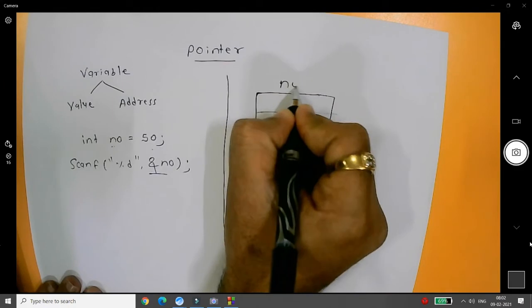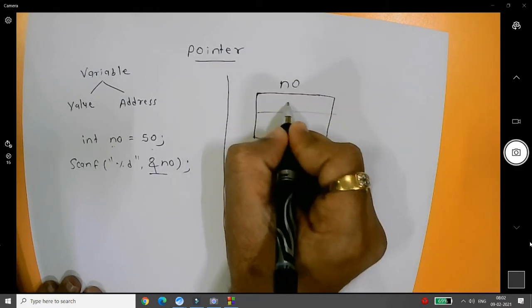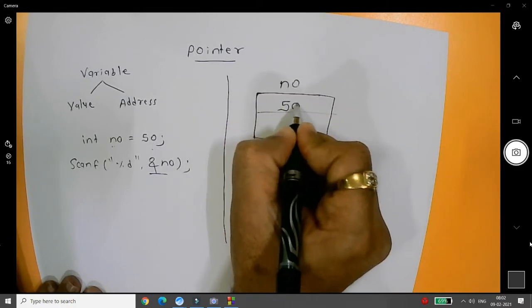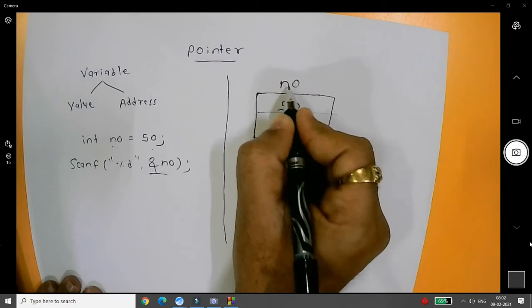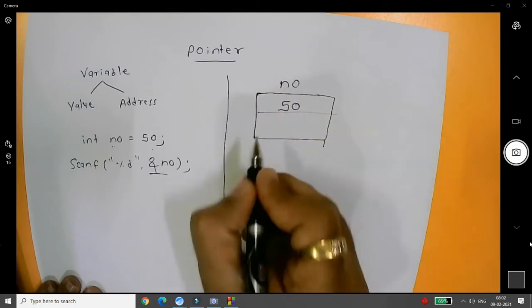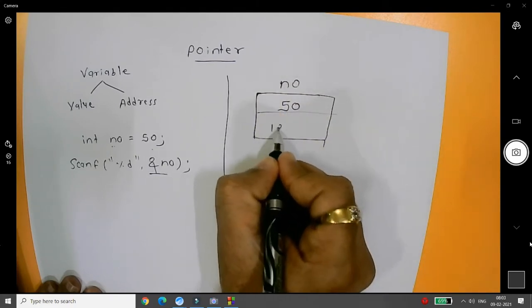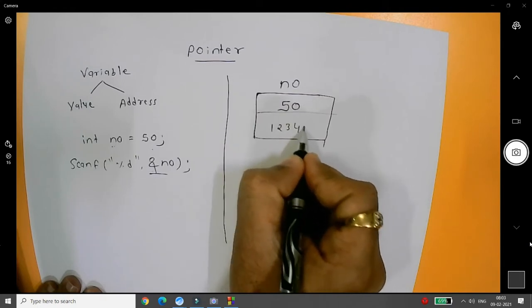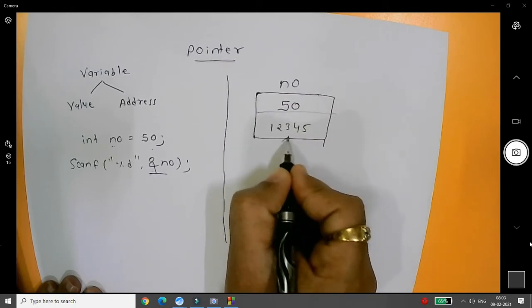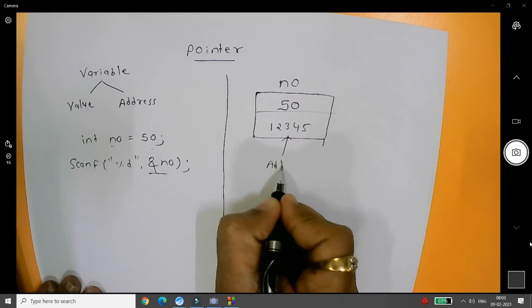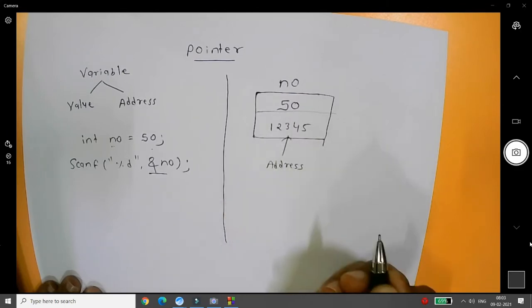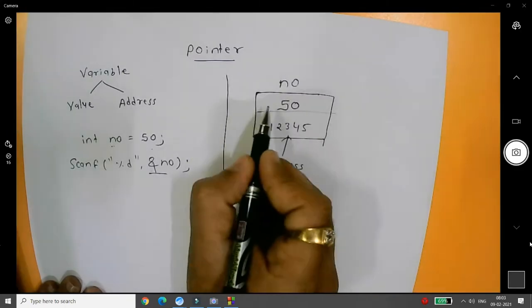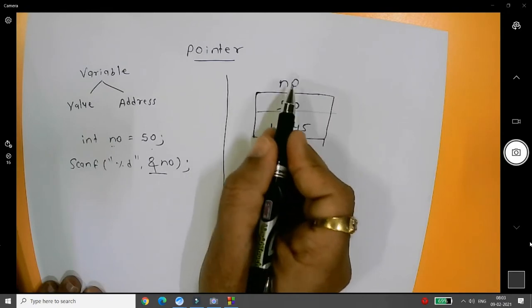This number has the value 50. And for example, I am writing here 12345. Then this 12345 is the address of variable number, and this 50 is the value of this number.